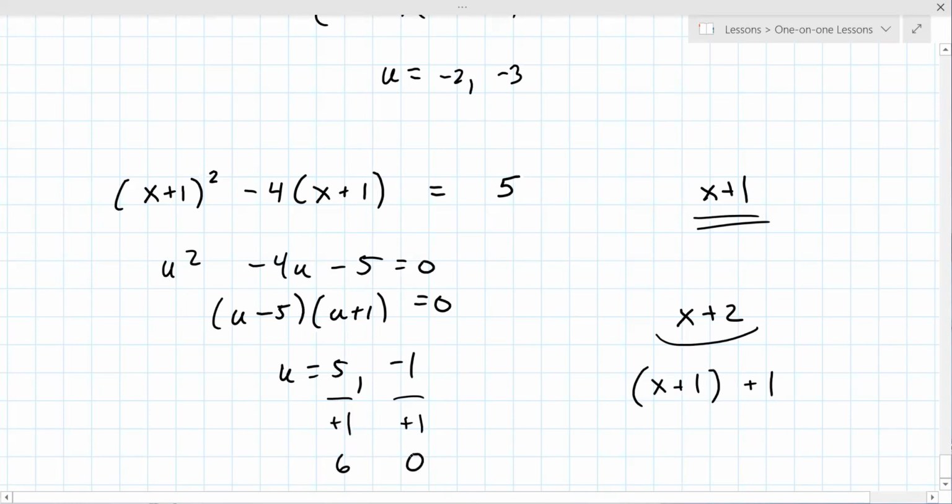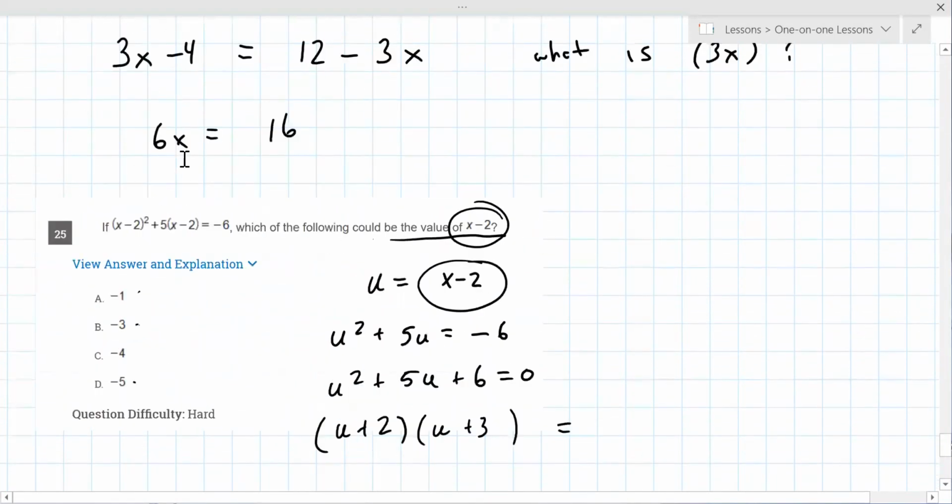So if you didn't have multiple choice, how would you know which one's right? They actually would accept either. So you could use both, because the problem would say what is a possible value of x minus 1 or x plus 1. But on the actual test, for the one we did, they would never put both -2 and -3 as answer choices, right?